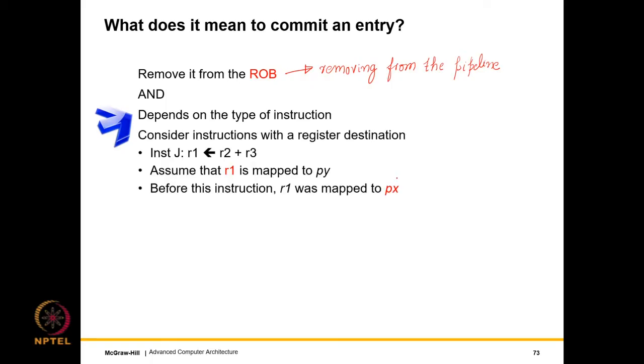It depends on the type of the instruction. For example, if we have an instruction with a register destination, like an add instruction, let's see. So here we will answer one of the key important questions of when we release a physical register, put it back into the free list. We'll answer it now. So consider instruction J, let it be R1 = R2 + R3.